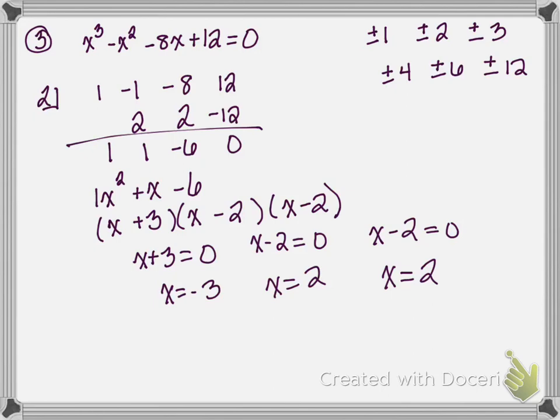Now, let's move into some complex answers. Here I've got number 4: x to the 4th minus x to the 3rd plus x squared minus 3x minus 6 equals 0.